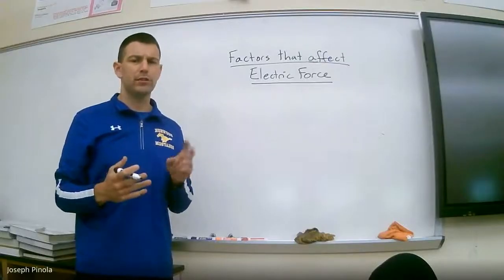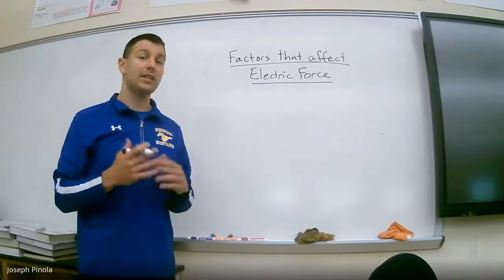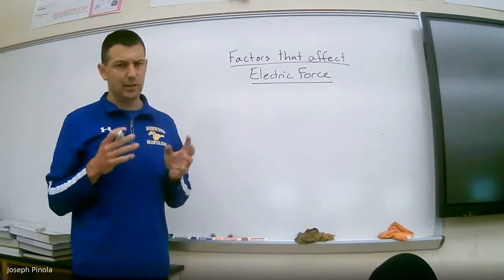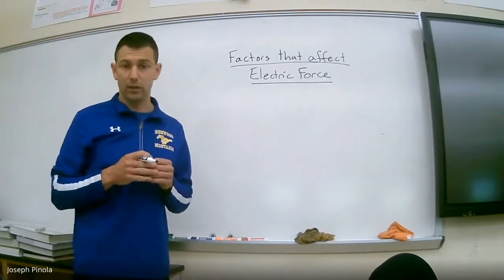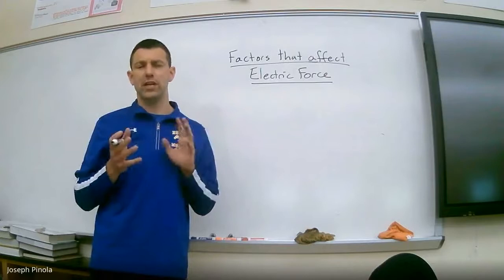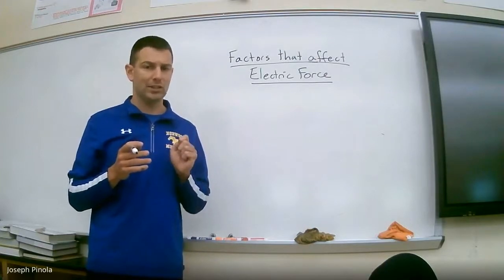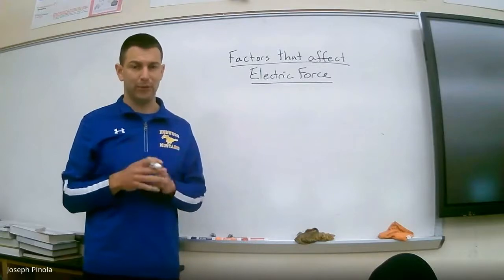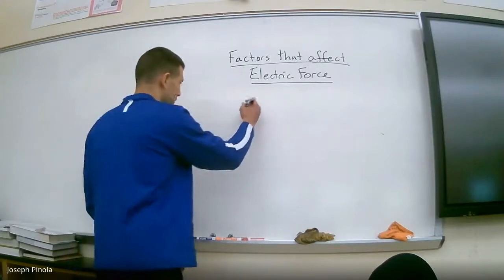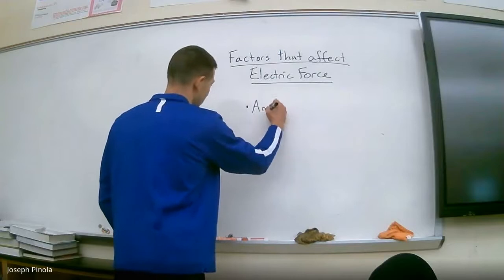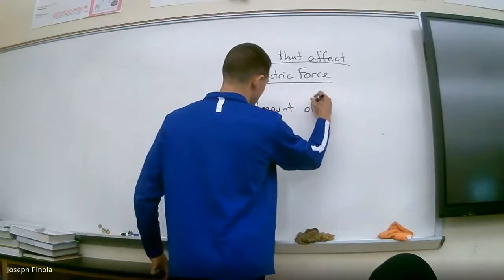So we just noticed that there are two factors that affect the electric force that exists between two ions. In other words, there are two things that we could change that could cause two ions to attract or repel each other with a stronger amount of force. The first thing is the amount of charge.